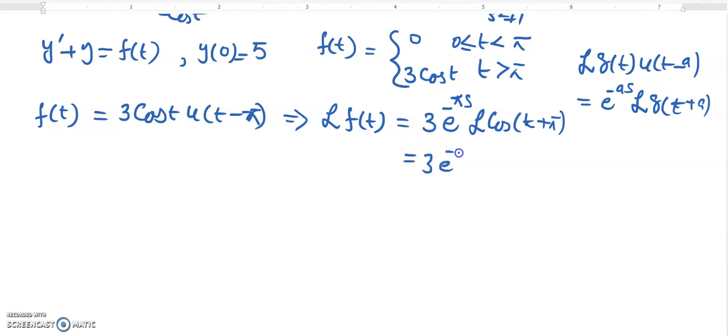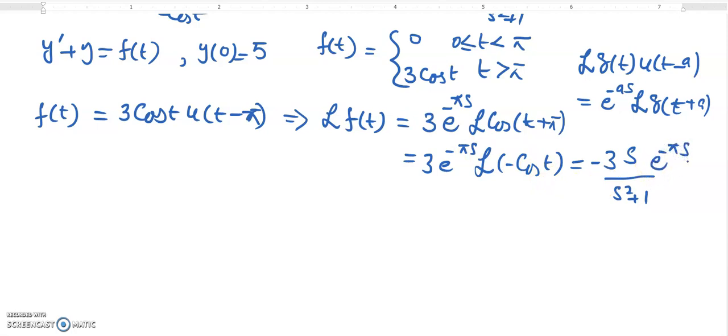So it is e power minus pi s times the Laplace of minus cosine t, and the minus sign will go out, so it will be minus 3s over s square plus 1, and of course e power minus pi s is here. So this will be the Laplace transform of this function.